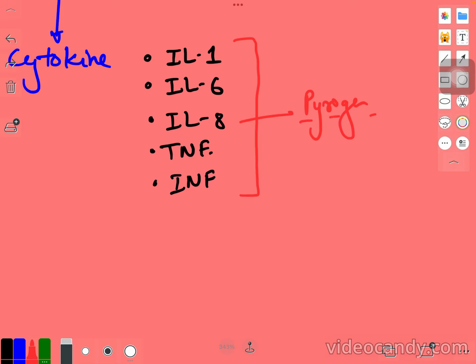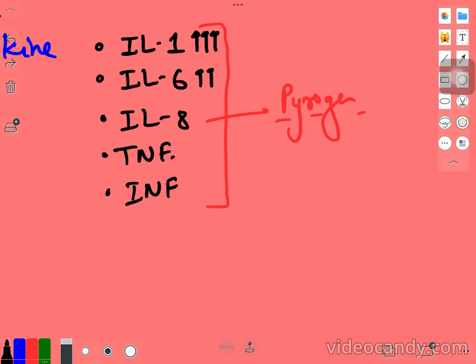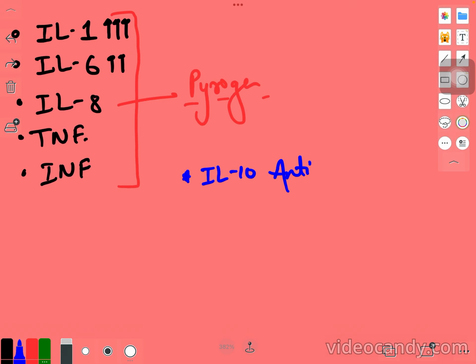In the whole list, the most powerful pyrogen has a tendency to cause fever so much. Interleukin 6 has a moderate effect, right? Then we have interleukin 8 and TNF alpha. Among all of them, a very important one to remember is that interleukin 10 has antipyretic property, right?